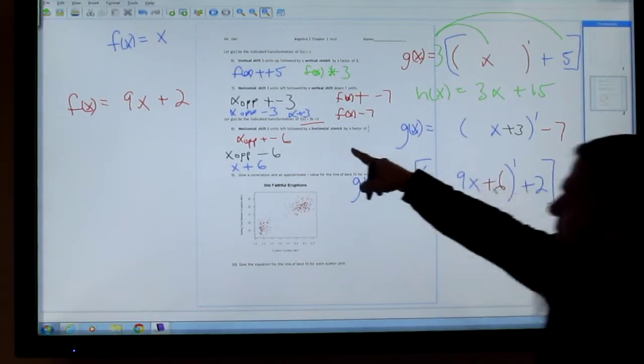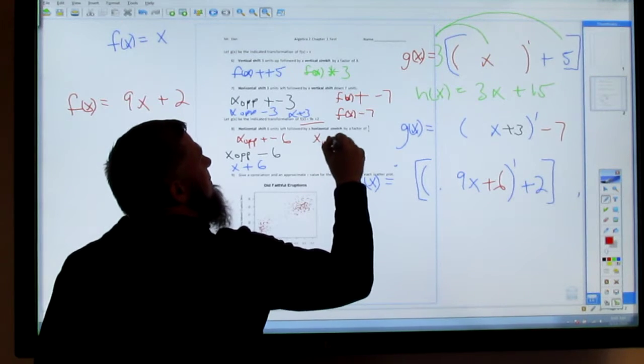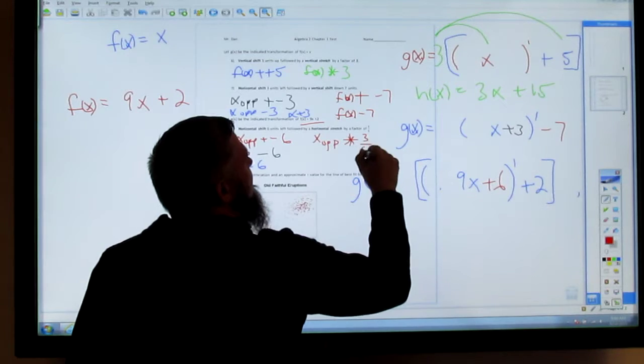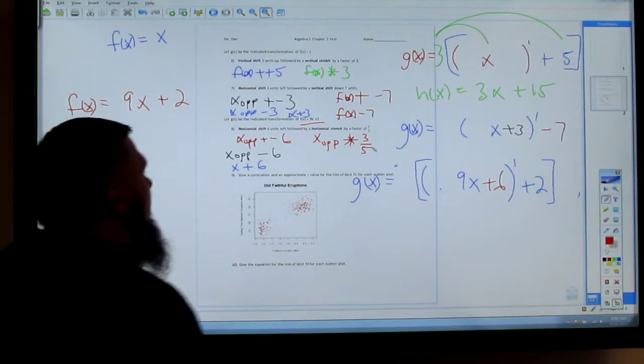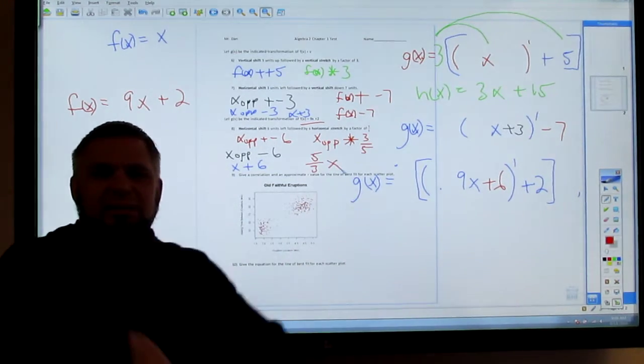And then the next one was horizontal stretch. Horizontal means x opposite. Stretch is times by 3/5. What's the opposite of timesing by 3/5? Division. But I like to think of it as timesing by the reciprocal. That's the opposite of it. Okay? So it would be 5/3x. That's the opposite.